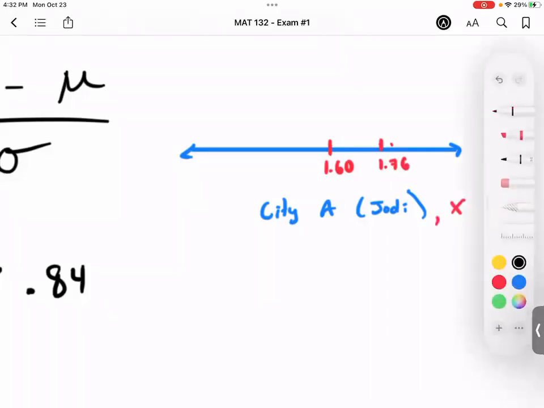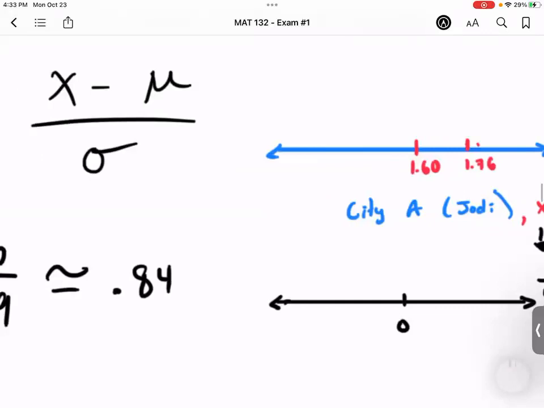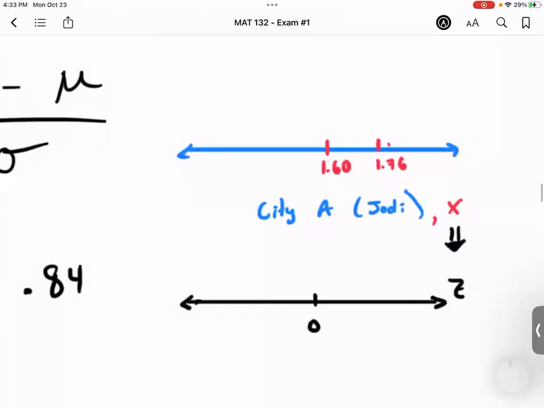When you convert x to a standard z-score, the mean value of 1.6 now becomes 0. For Jody, her z-score value was 0.84. Okay, so that's the situation with Jody.